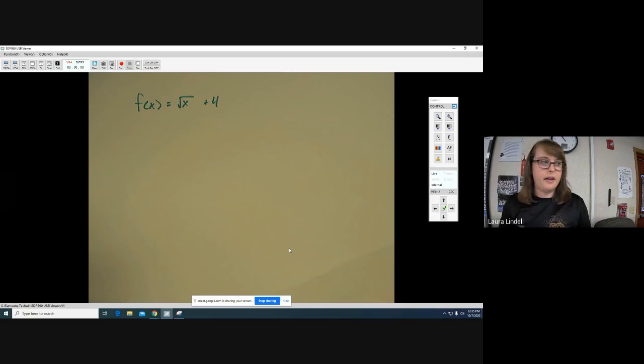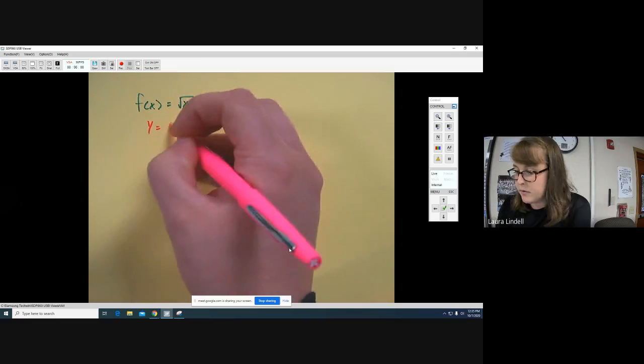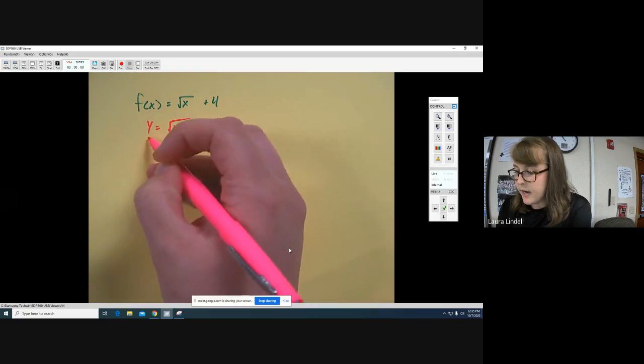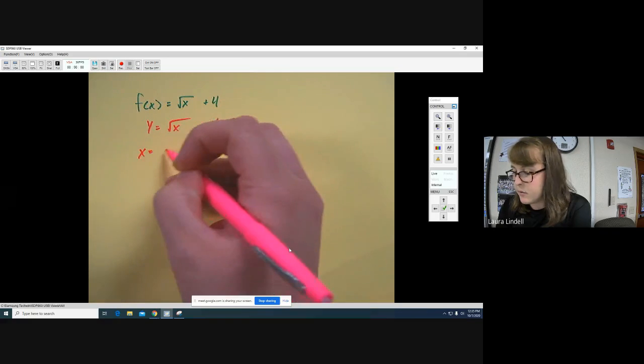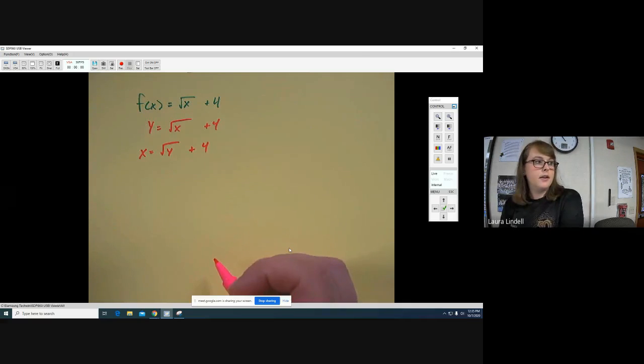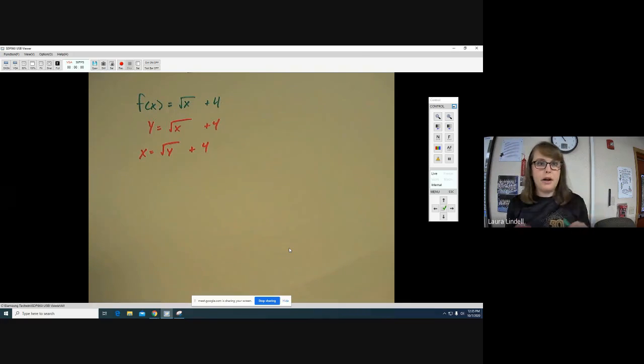So let's find the inverse here. So y equals square root of x plus 4. Switching x and y, we get x equals the square root of y plus 4. Now, if we're going to pause here and talk about domain.